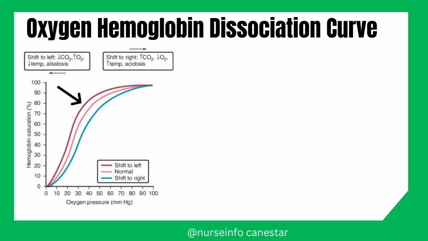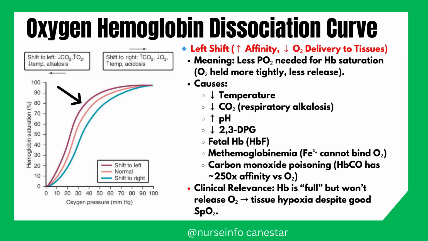A leftward shift of the ODC, blue curve, means less PO2 can achieve a higher hemoglobin saturation than the baseline. Hemoglobin has a higher affinity for oxygen and is less willing to give up oxygen molecules to peripheral tissues.